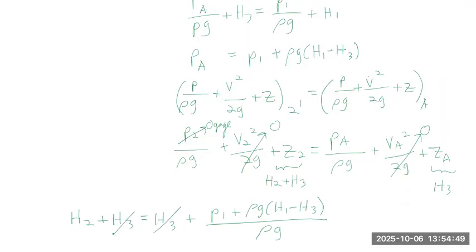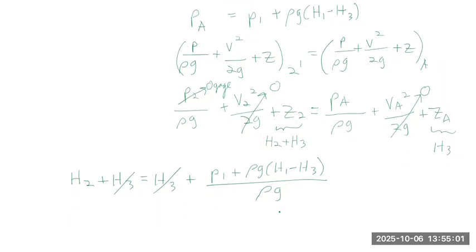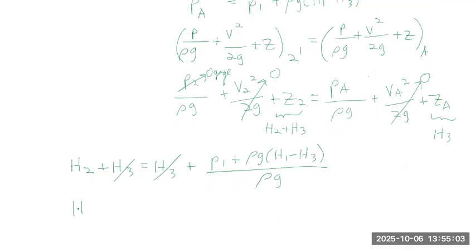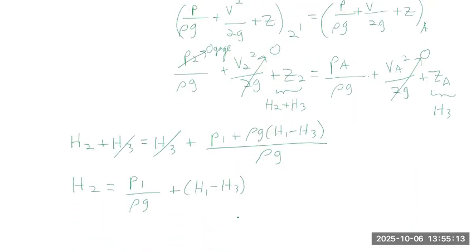So solving for H2, we have P1 over rho G plus H1 minus H3. We have this general expression. So H2 is equal to P1 over rho G plus H1 minus H3. And we can now plug in known values.